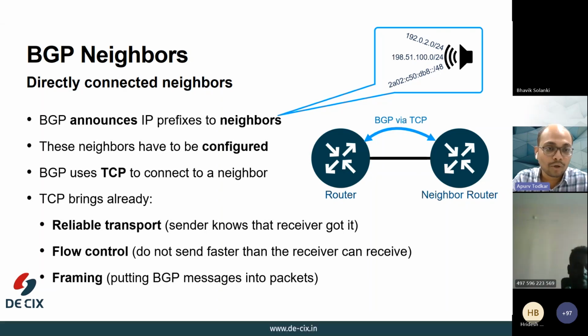Then we have the flow control feature, wherein the sender cannot send data faster than the receiver can handle. Then we have framing, wherein TCP ensures that the BGP messages are delivered accurately. By using TCP, BGP can focus on the main task of routing without having to manage these aspects of the communication, making the process straightforward and efficient.